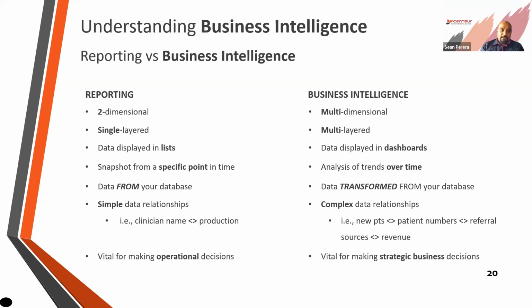Reporting is vital for making operational decisions, and business intelligence is vital for making strategic decisions. In the simplest sense, reports give you numbers, but BI gives you the context by explaining the numbers quickly and easily, so you can not only understand your business better, but get the insights to take meaningful actions to improve.